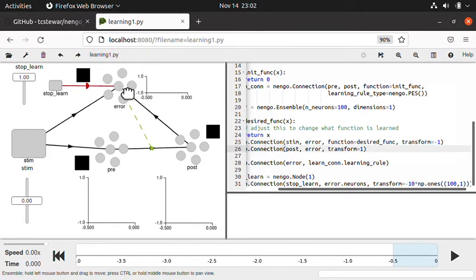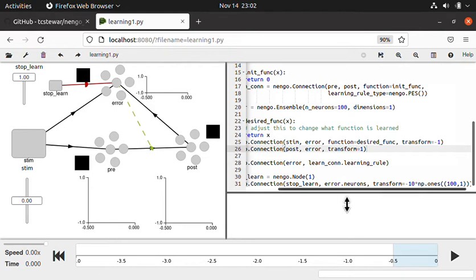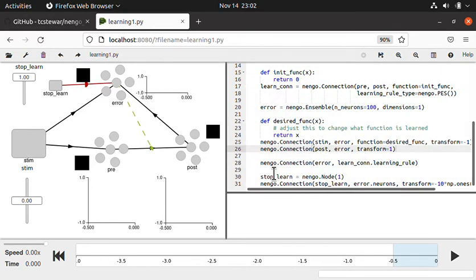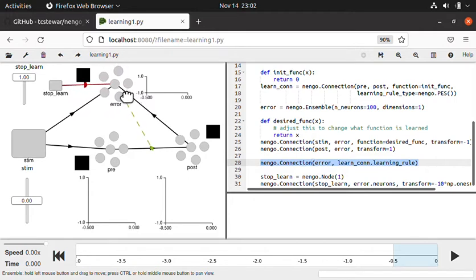That's going to be fed into this group of neurons. And then the key step is this line here, which says I'm going to connect from this group of neurons to my learning rule. That's just what the Nengo syntax is for making a connection that is feeding data into a learning rule.